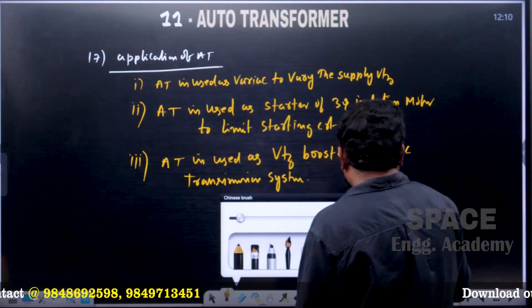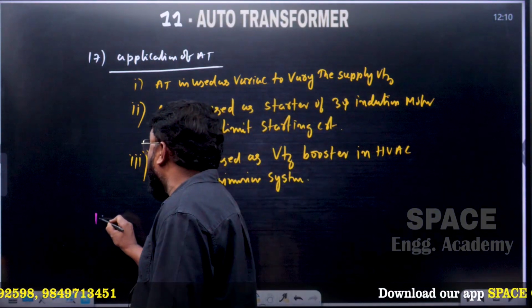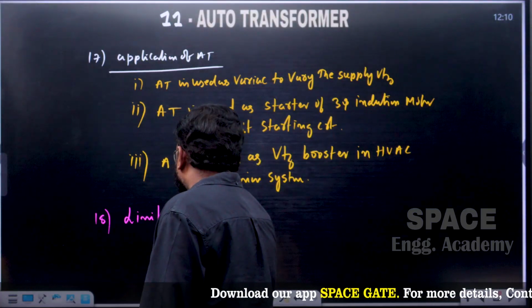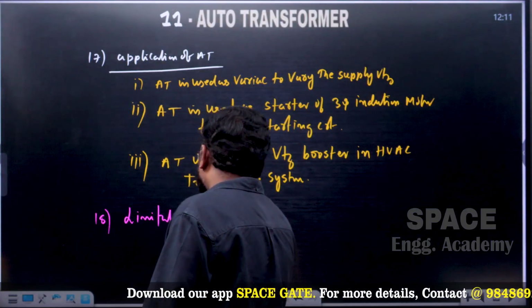And next observation, what are the limitations? One of the questions here, limitation or disadvantages of auto transformer.